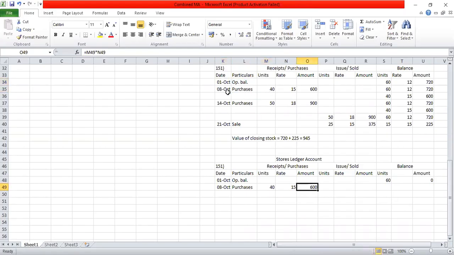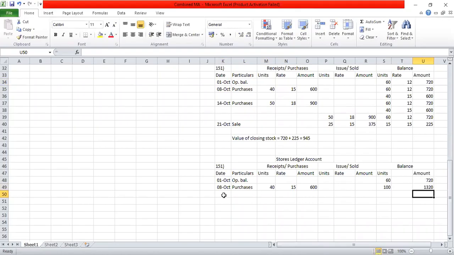The purchases are 40 and 50, so altogether there are 100 units. Then we can just directly add it up: 720 plus 600. Write the value.